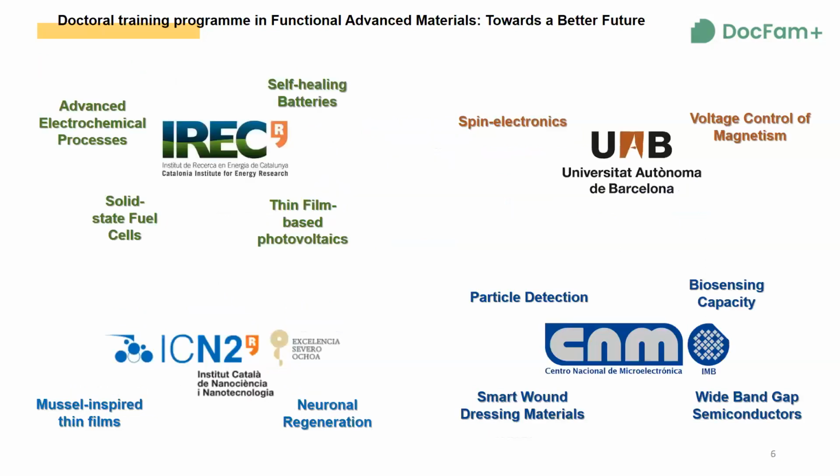In IREC, we have projects related to energy, like electrochemical processes, batteries, and fuel cells. And in ICN2, we have projects related to thin films, neuronal regeneration, etc. UAB has 2 projects related to spin electronics and voltage control of magnetism. And the CNM, the National Center of Microelectronics, has projects related to particle detection, smart wound dressing materials, and so on.